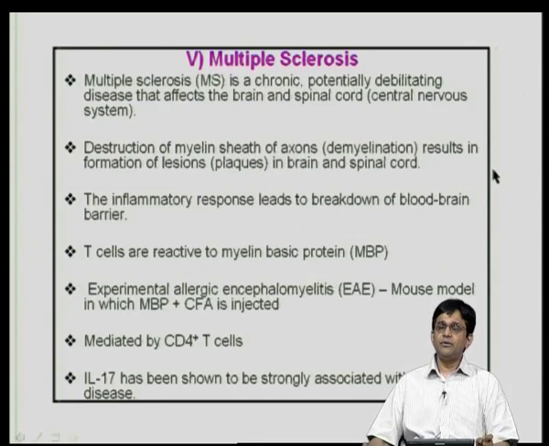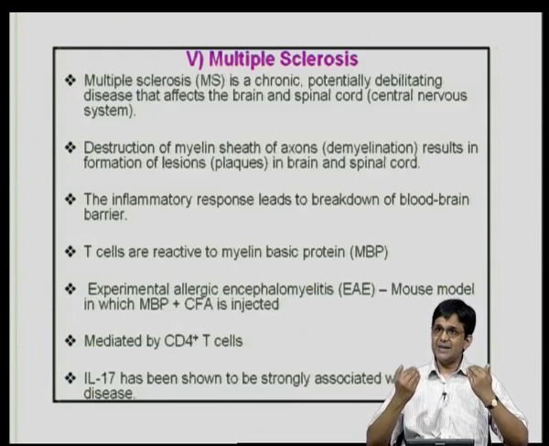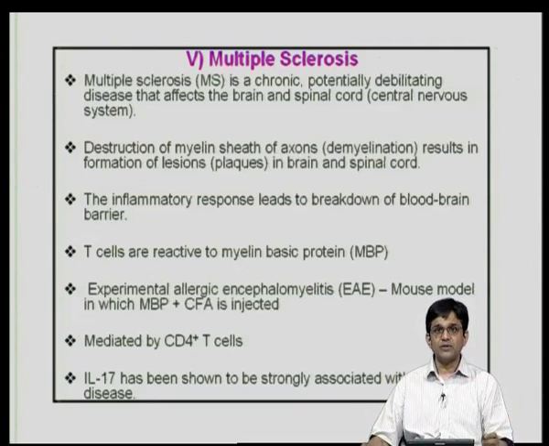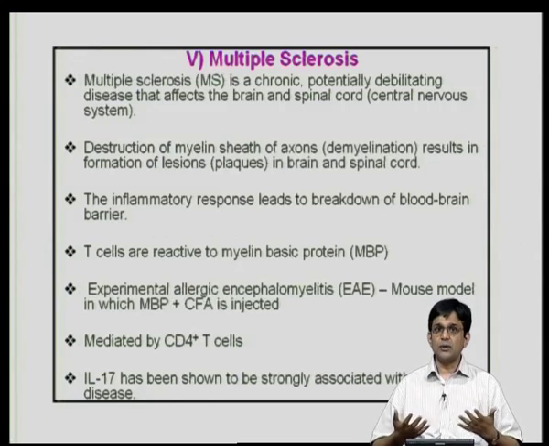The next disease that we will study is multiple sclerosis. So what is multiple sclerosis? Here you have a T cell response that generates lesions in the brain. Because of this, the myelin sheath gets destroyed, and you have demyelination, forming plaques in the brain and spinal cord.